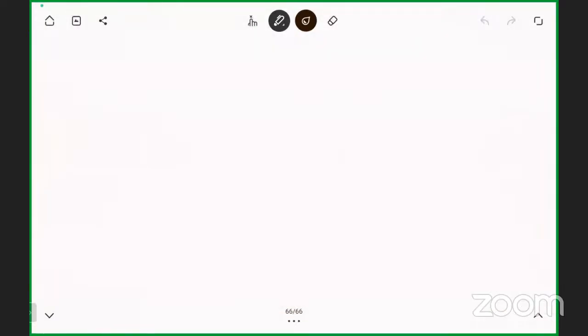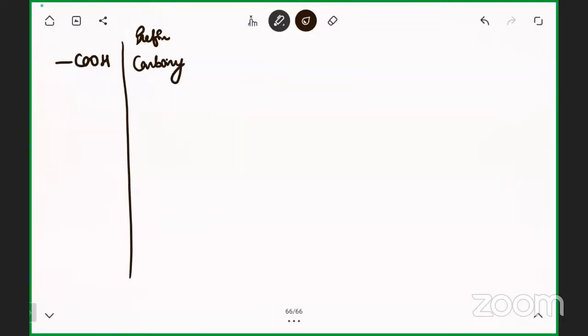If COOH carboxylic acid is present as a prefix, you will use carboxy. If the amide CONH2 is present, you'll write carbamoyl.